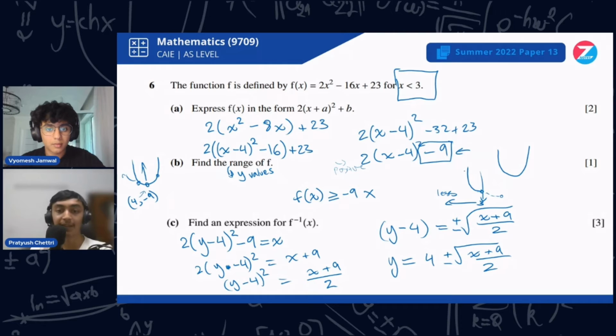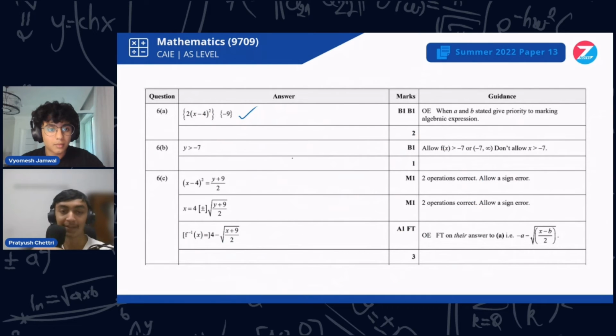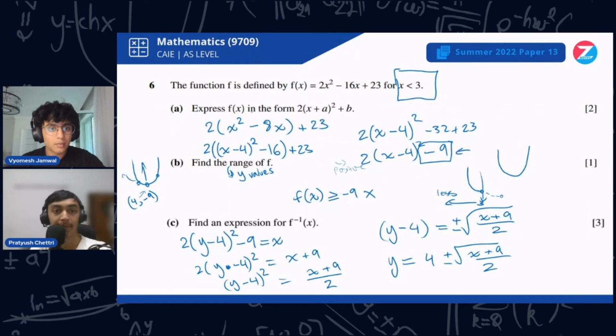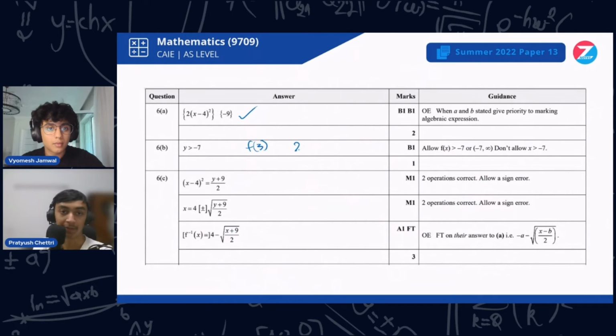I don't want to clear this, but I'll just use the next slide. What happens is we're going to put f of 3 into this completed square equation, 2(x minus 4) squared minus 9.